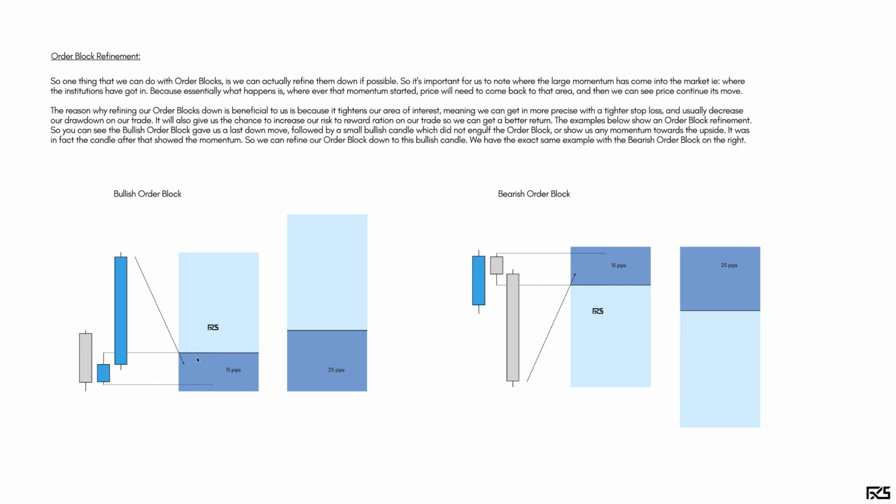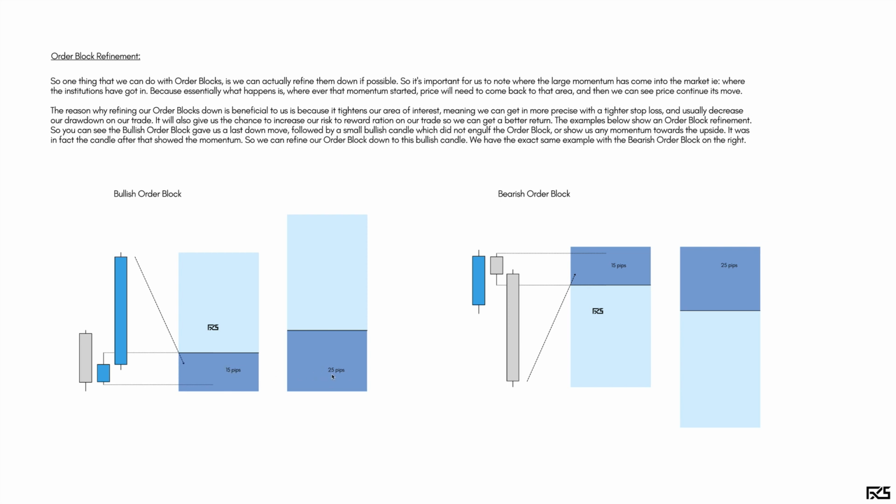So we're able to decrease our area of interest by 10 pips. What that's going to do is get us in at a better price, a tighter stop loss, less drawdown and more risk to reward on our trade, because we are able to decrease our stop loss size by 10 pips.